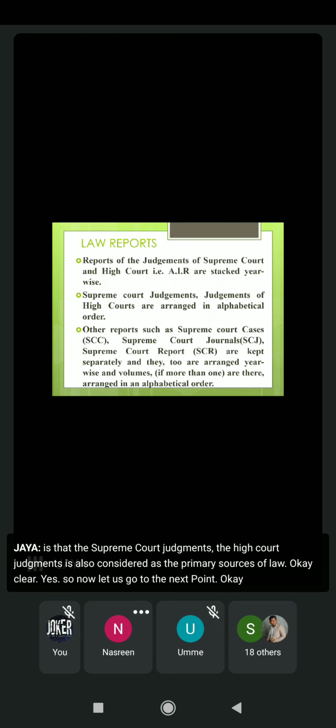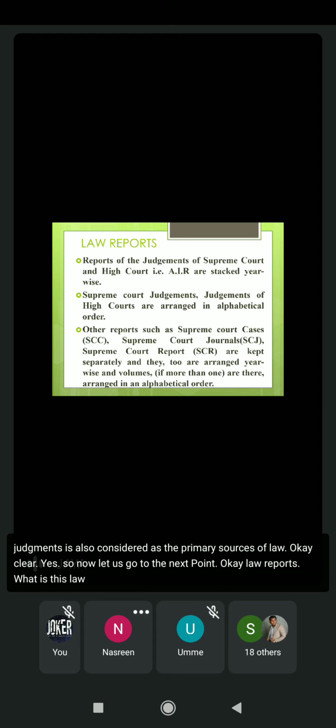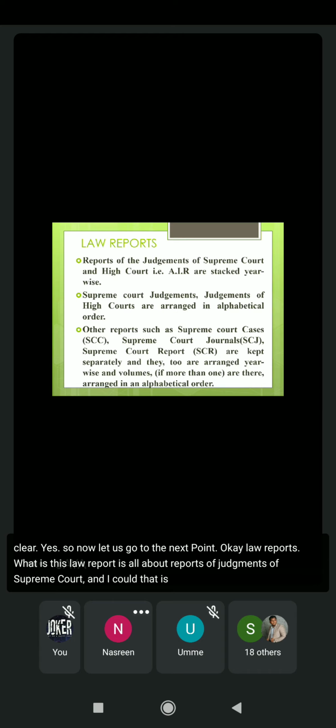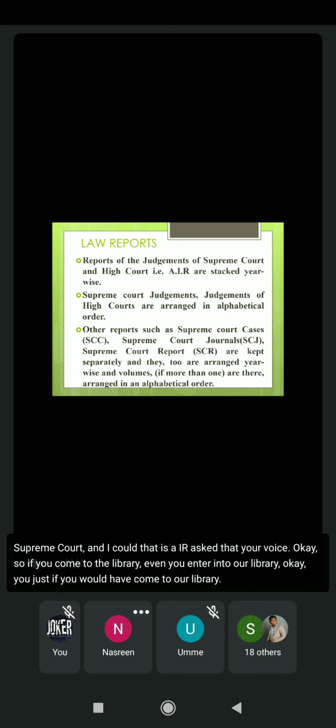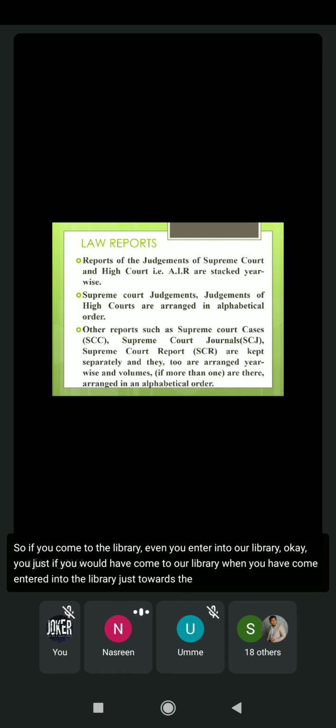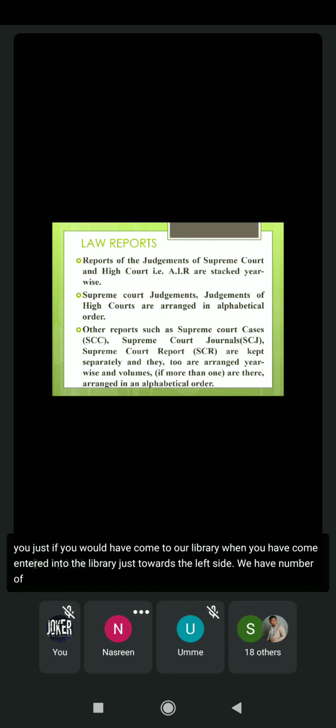Law reports. What are law reports all about? Reports of judgments of the Supreme Court and High Courts, that is AIR, are stacked year wise. When you enter our library, just towards the left side we have a number of racks adjacent to the wall.